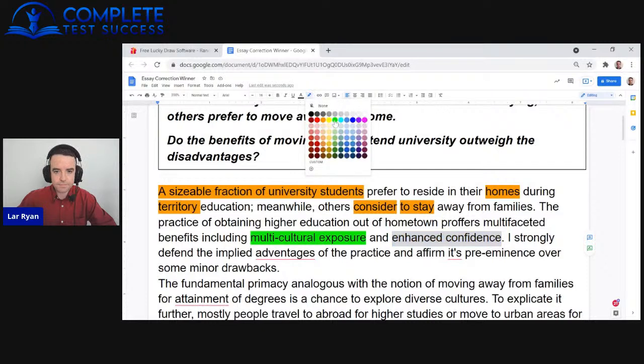Now, enhanced confidence I can see as being relevant because that's from living alone, having to take care of yourself, and all the things that come with that.